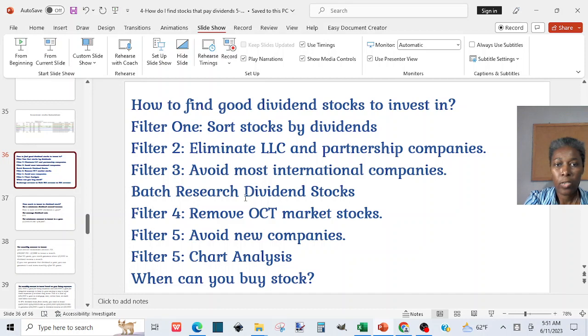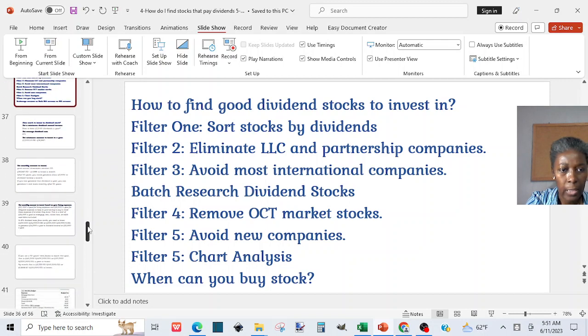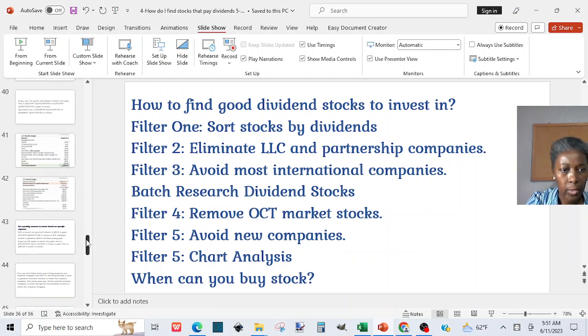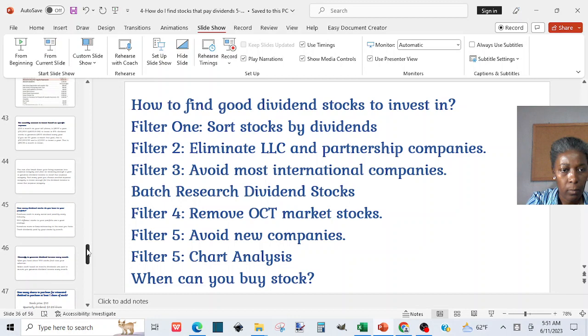You will set some dividend rates, and within that you eliminate the ones that are international companies and the ones that are LLC companies, and you record the corporations in your investment spreadsheet.